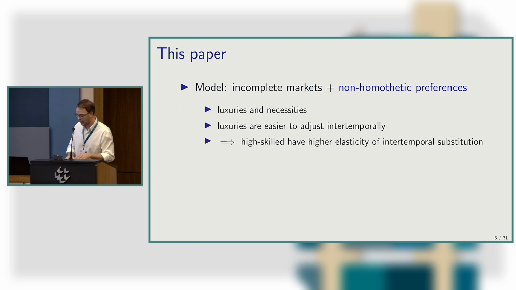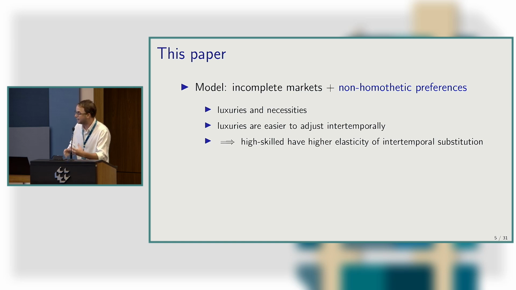Motivated by these facts, I extend the standard incomplete markets model to allow for non-homothetic preferences. So there will be luxuries and necessities. And as I mentioned in my discussion, luxuries are also going to be easier to adjust intertemporally.